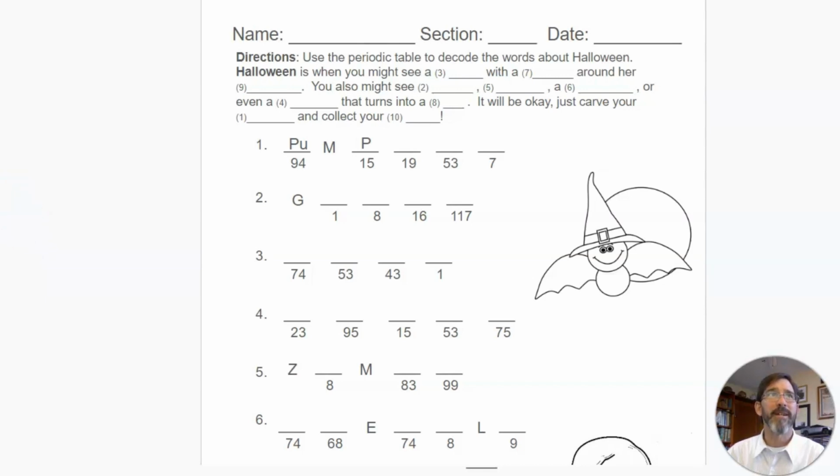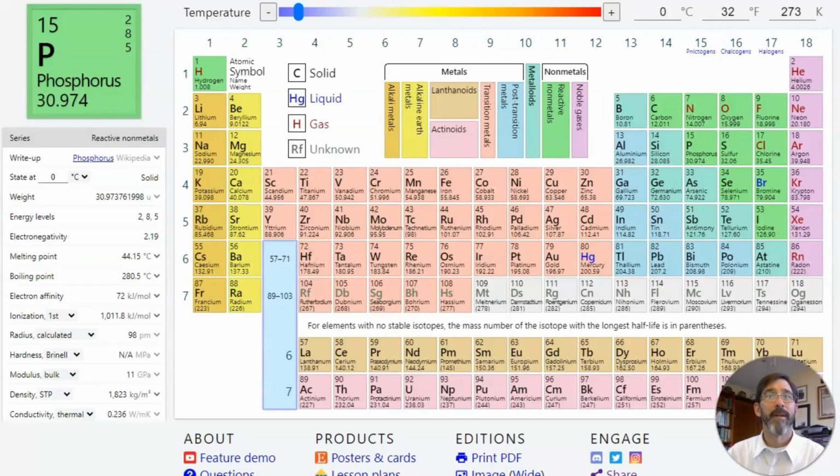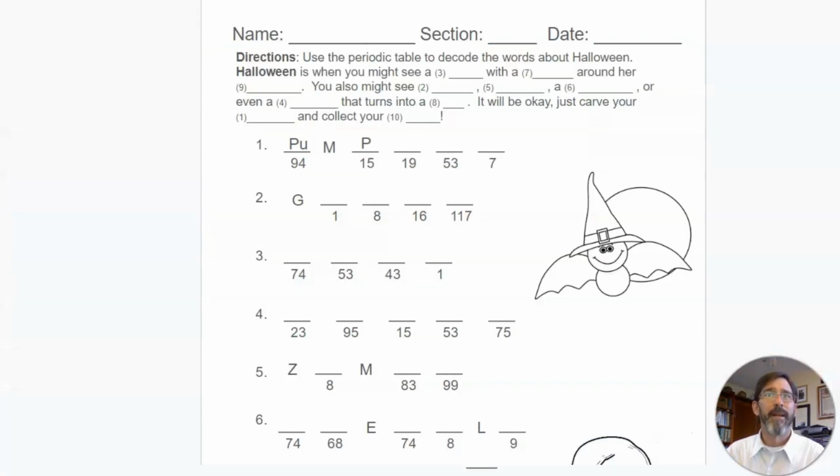Next up, number 19. Number 19, we're going to go to the left-hand side of the periodic table. In the alkali metals, potassium, capital letter K. And for number 19, capital letter K, please. Good job.